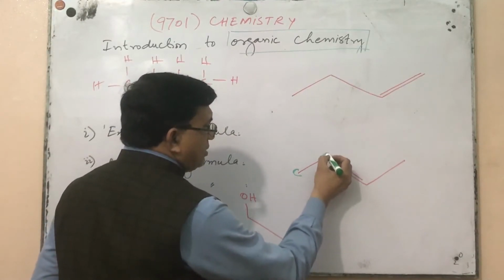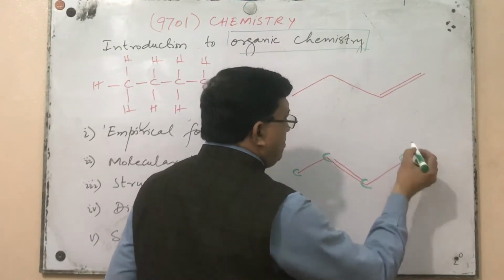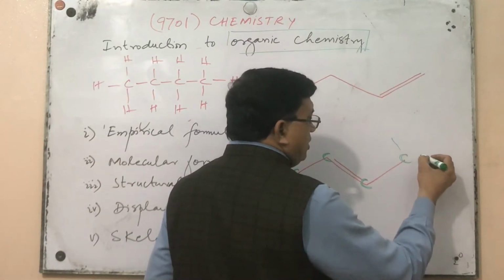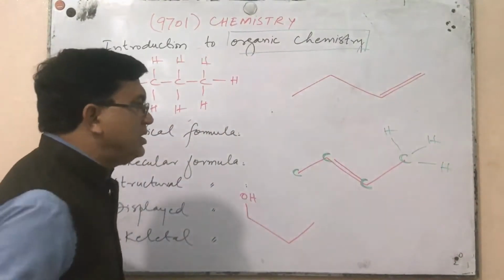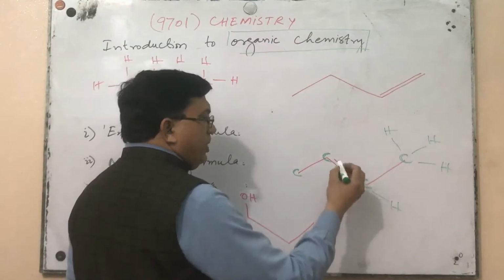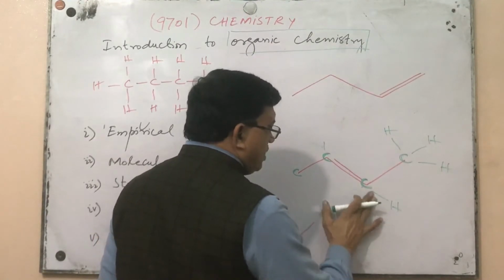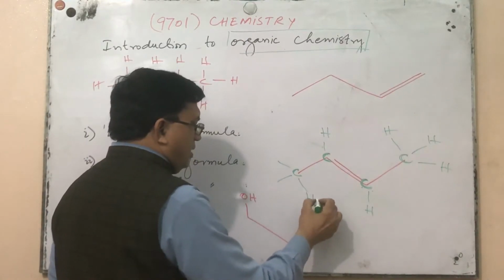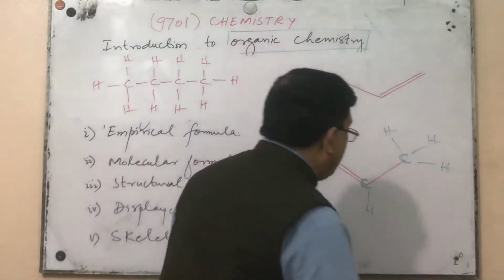One carbon, second carbon, third carbon, and fourth carbon. Now, the rest of the valencies of all these carbons are understood to be satisfied by hydrogen. No need to represent all these. We just have to mention that the carbon is present at the corner, only the carbon atom at the corner of each bend.